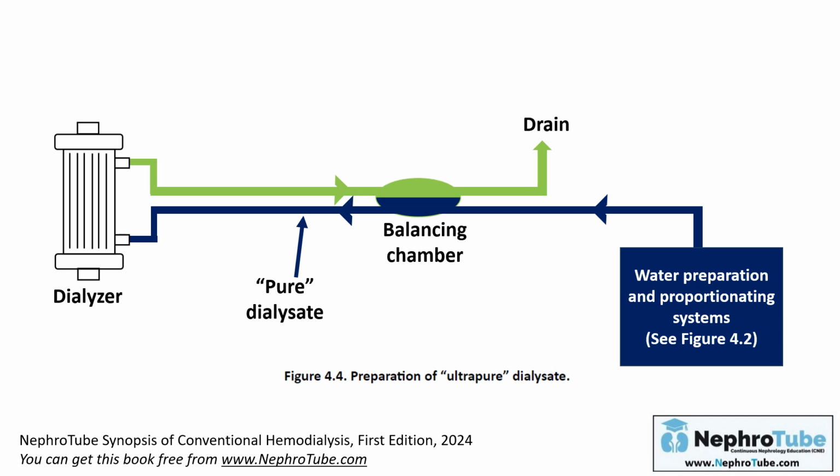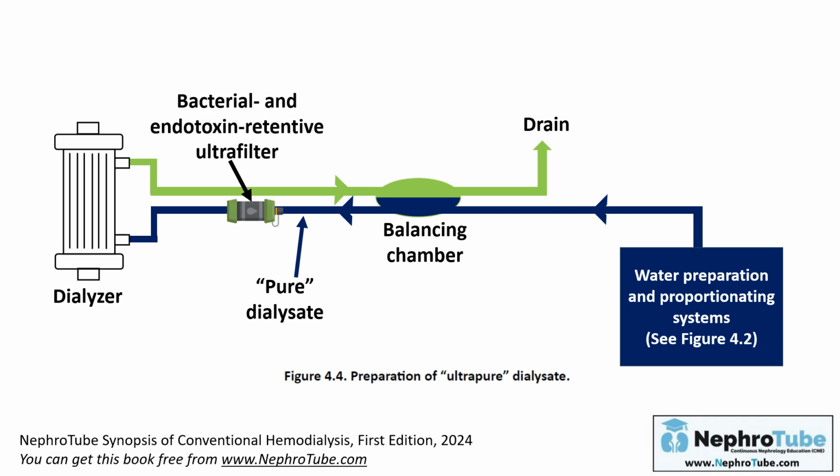This is done by an extra step: the addition of a bacterial and endotoxin retentive filter, the ultrafilter that we mentioned in the water unit in the last lecture. As we mentioned, this bacterial endotoxin retentive ultrafilter removes particles between the size of 0.001 to 0.05 micron.